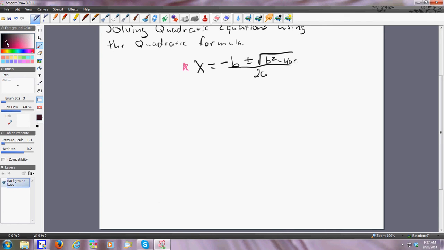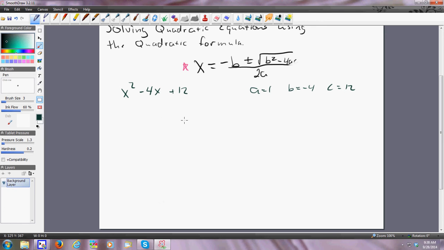So let's take a look at another one, and like I said, hopefully something bad will happen. Let's say I have x squared minus 4x plus, I don't know, let's say 12. So once again, my a equals 1, my b equals negative 4, my c equals 12. Yes, this is going to be a good one because it's not going to work well.